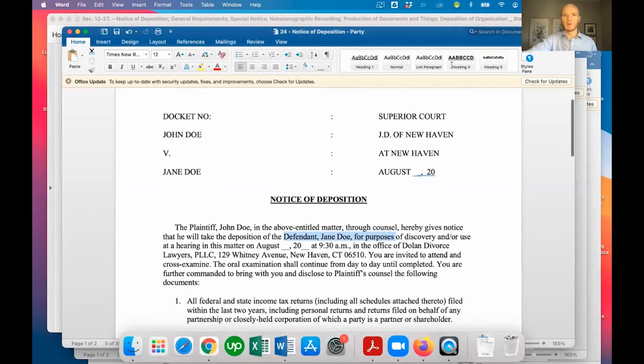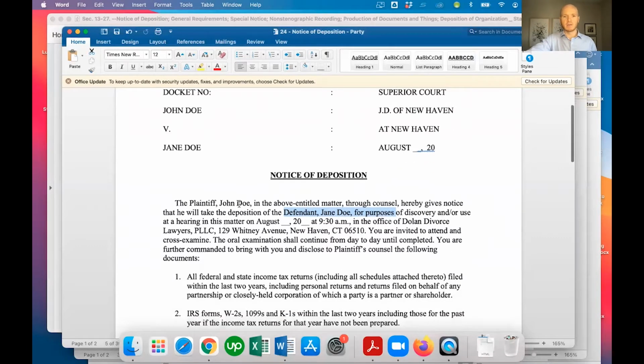So this is the form. Let's start with taking the deposition of a party, usually a spouse in a divorce case. You're just going to state that you, the plaintiff, are giving notice that you're going to take the deposition of the defendant for purposes of discovery. You're obviously going to include the date, time, and location of the deposition.